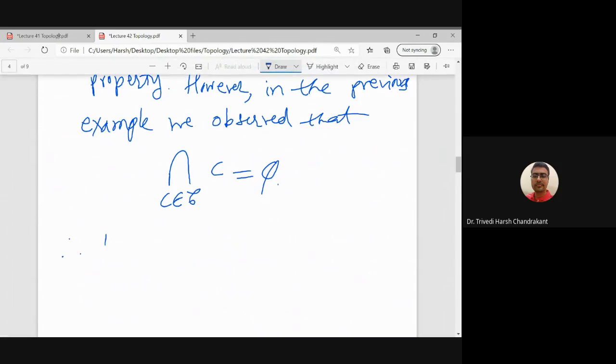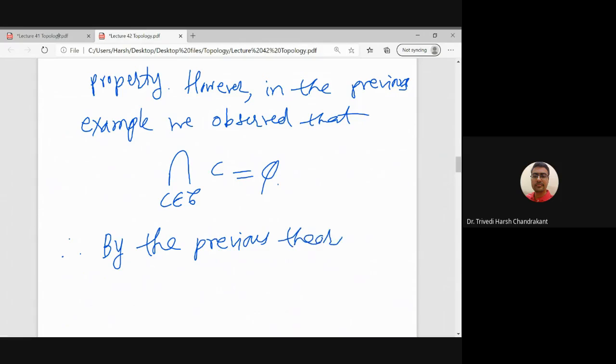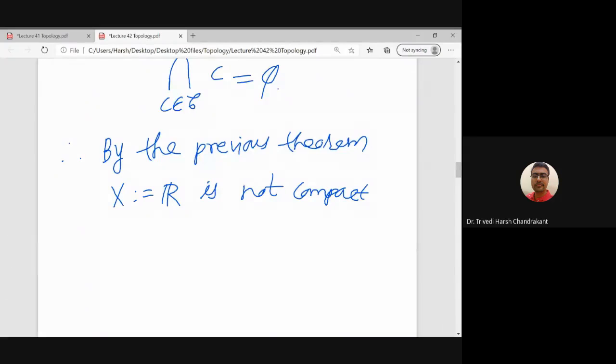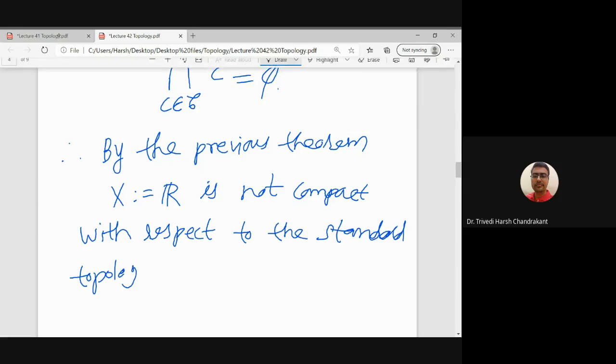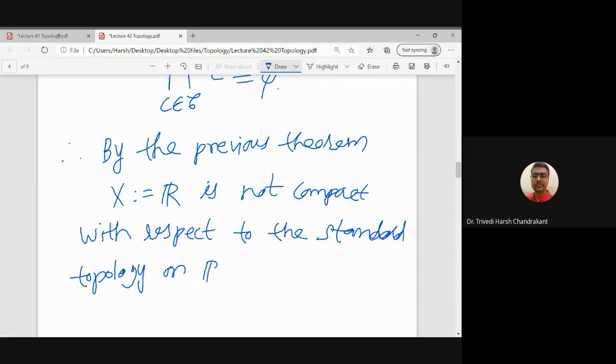So therefore, by the previous theorem, X, which in this example is the real line, is not compact with respect to the standard topology on R. So this is just an example which I wanted to discuss regarding this particular property.